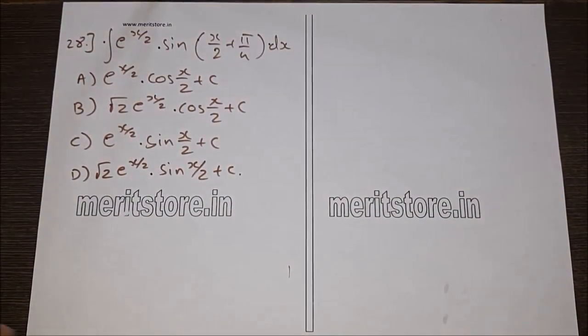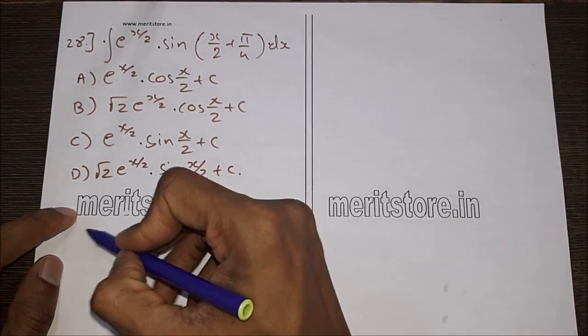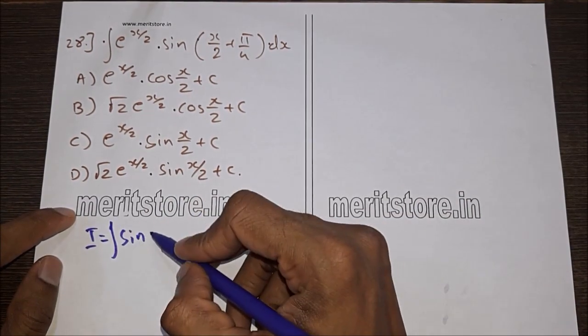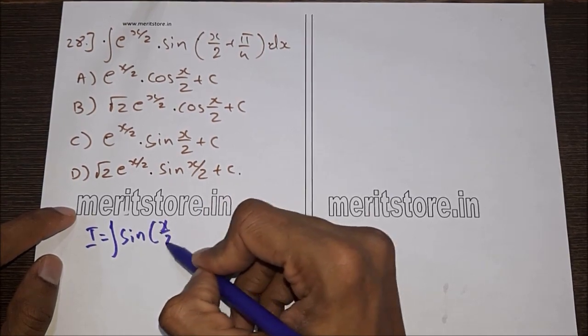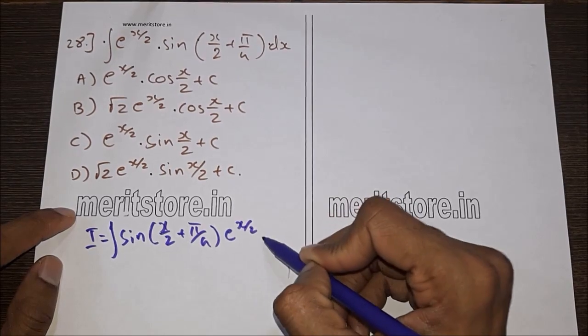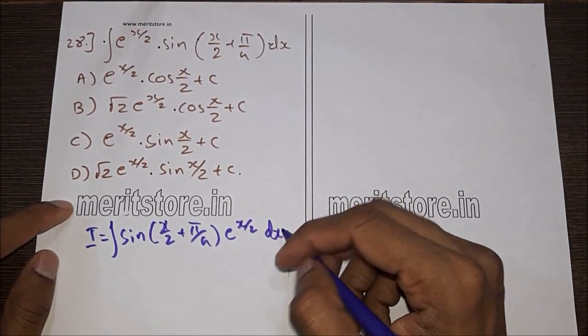Question 28. The integral of e raised to x by 2 into sin(x/2 + pi/4) dx is equal to... We take I equal to the integral of sin(x/2 + pi/4) e raised to x by 2 dx.